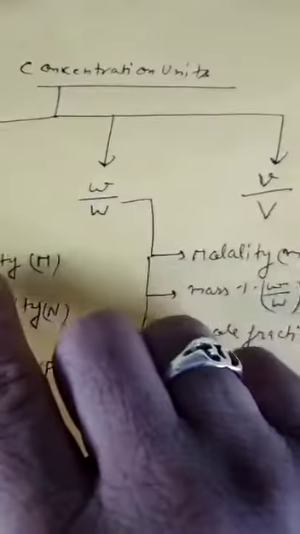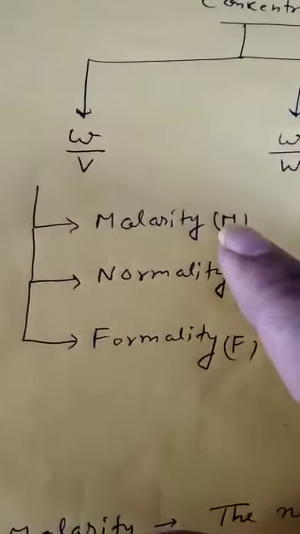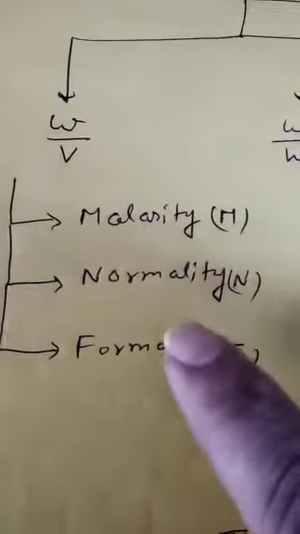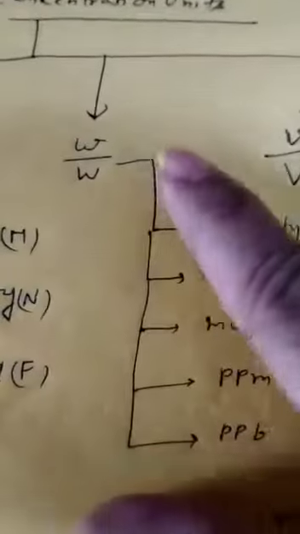There are further three types of weight by volume units: molarity, normality, and formality.